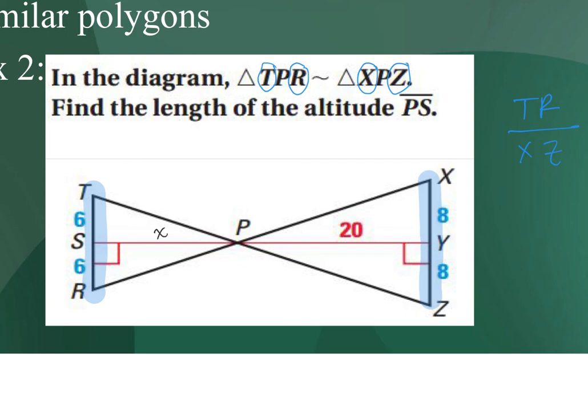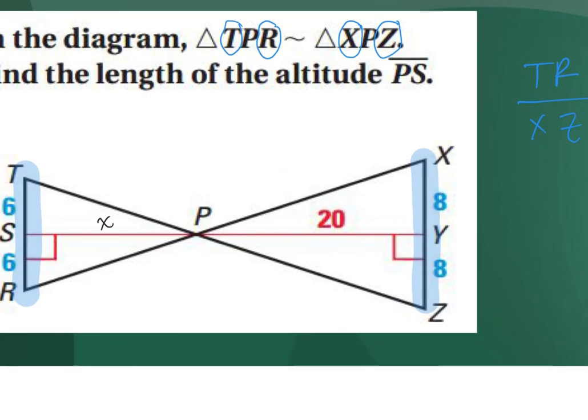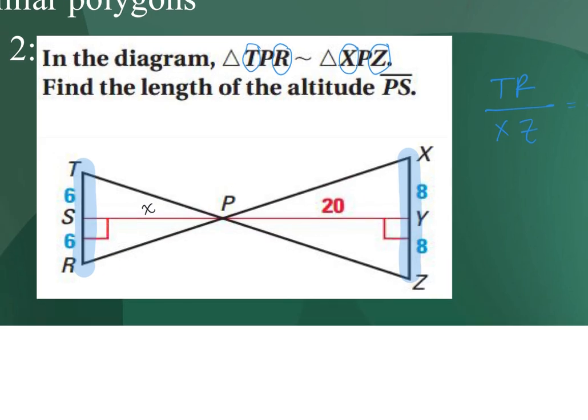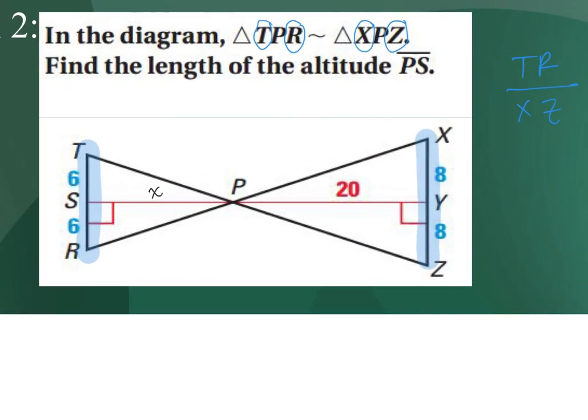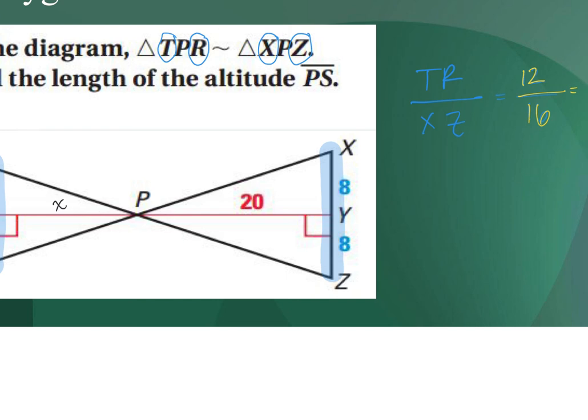Let's assign x to PS just so it's easier for us. So 12/16 gave us the 3/4. So we're going to set this ratio equal to 3/4. So we're going to set it as x/20 equals 3/4. And we're going to solve. So we cross multiply, we get 60 equals 4x.